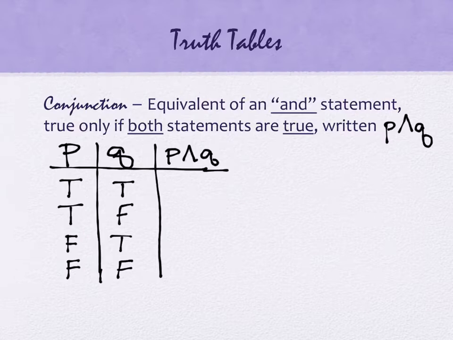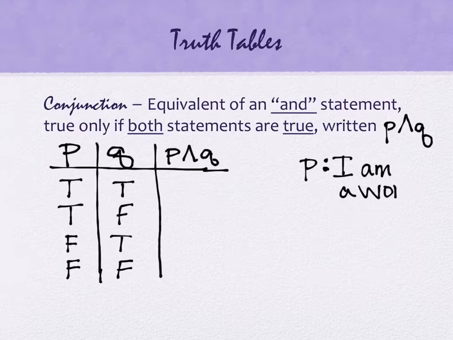And we're going to try and come up with professors that you know. We've had some changeovers in professors recently, so I'm going to have to think through who you might know. So P is the statement, I am a woman.